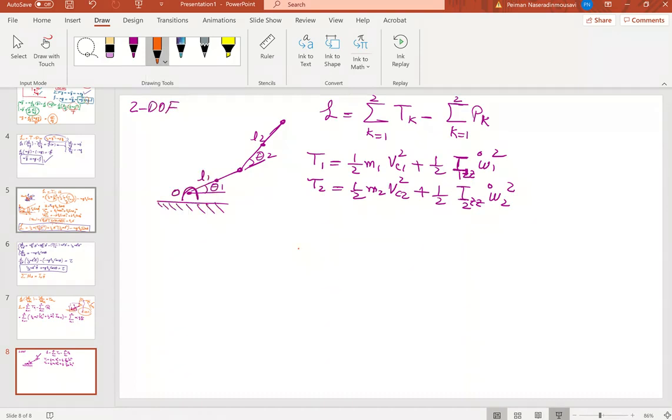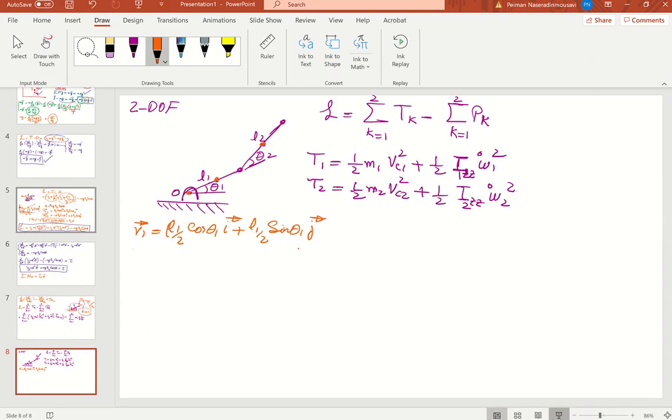As I did previously, we have R1, the mass center of this and the mass center of this. R1 is, as we wrote here, L1 over 2, half of that, cosine theta 1 in i plus L1 over 2 sine theta 1 in j. Yes or no? This is the position of mass 1 with respect to the base coordinate system.